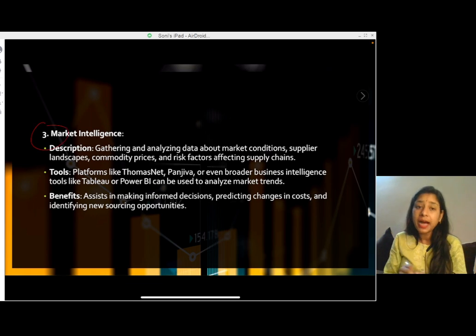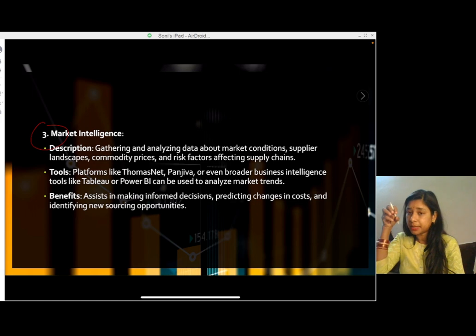The next thing is market intelligence, to gather real time market data. That is also very important.